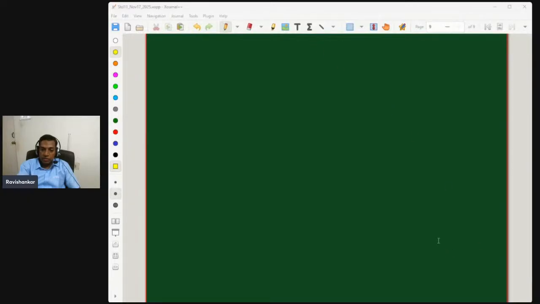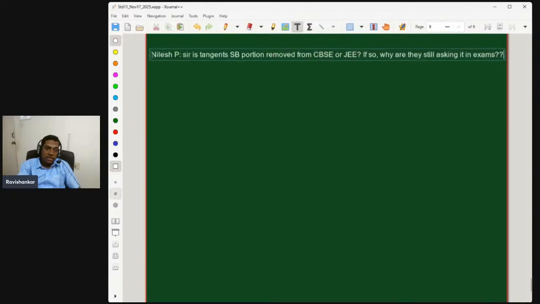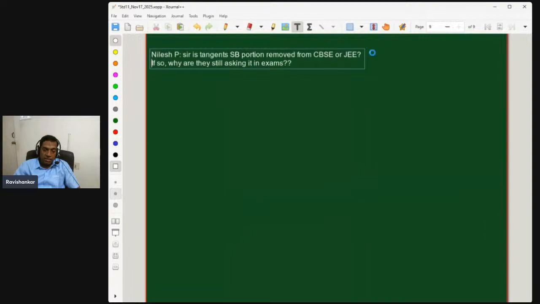First, let me address a question from Nilesh. Is tangents SB portion removed from CBSE or JEE? If so, why are they still asking it in exams? See, tangents is anyway not there in CBSE.